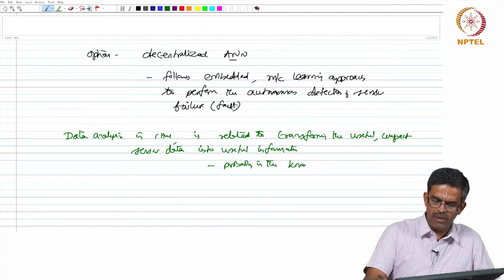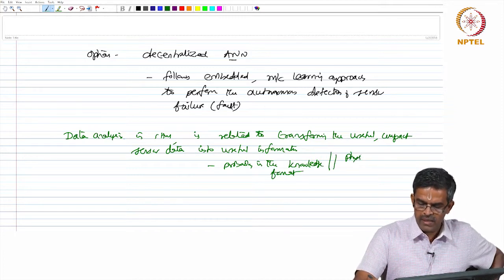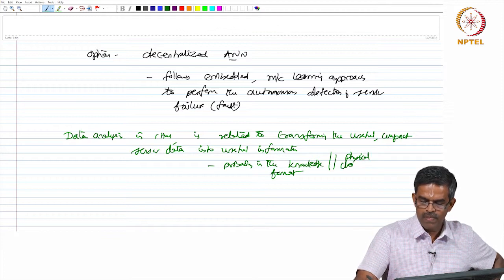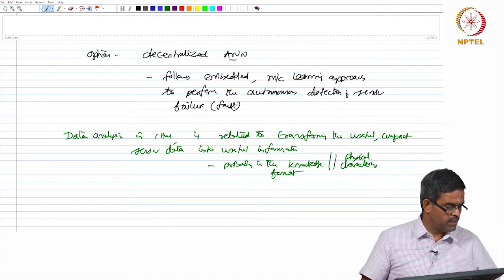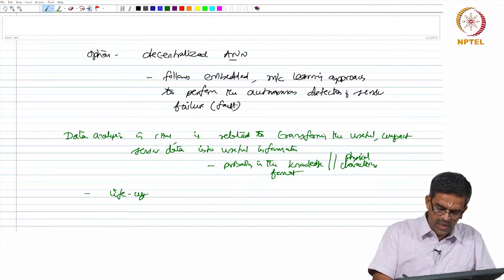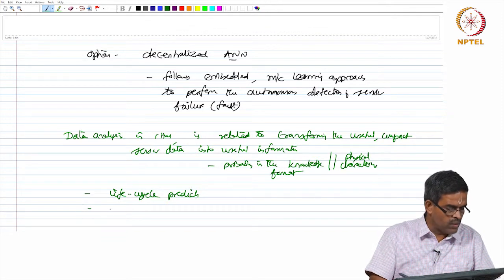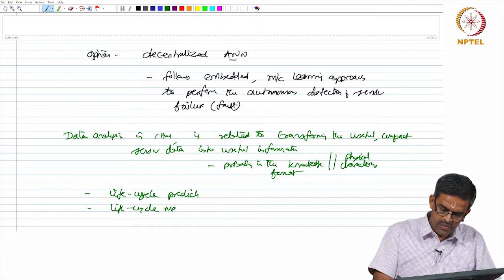What do you understand by knowledge format? I should relate this to the physical characteristics of failure. What are the physical characteristics which we are interested in? One can look for life cycle prediction, one can look for life cycle management, etc.